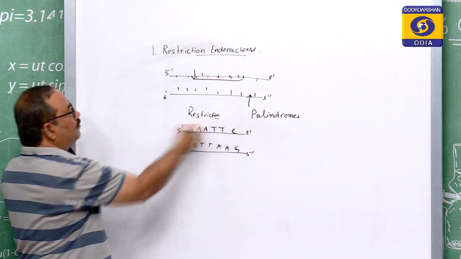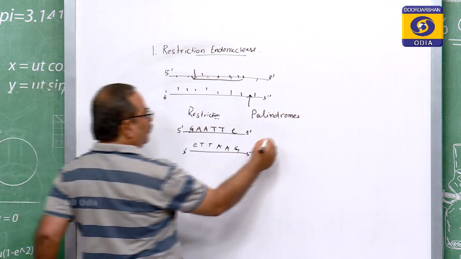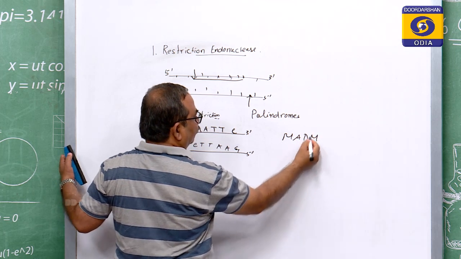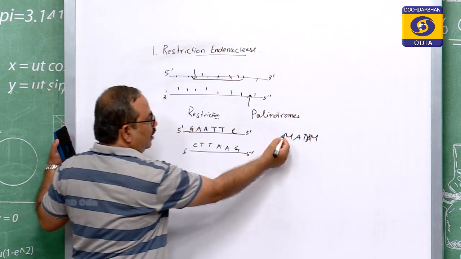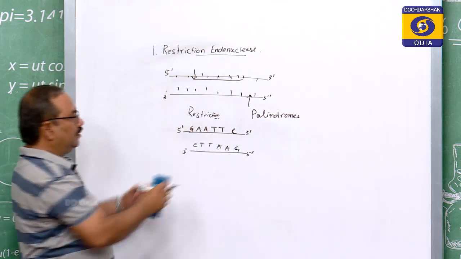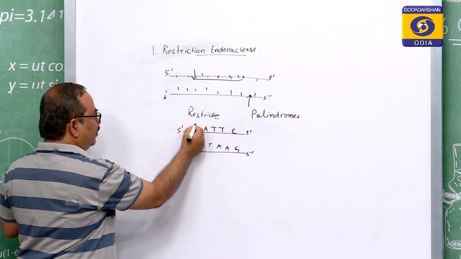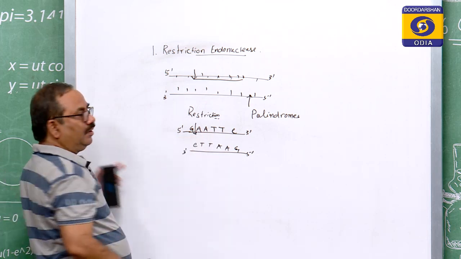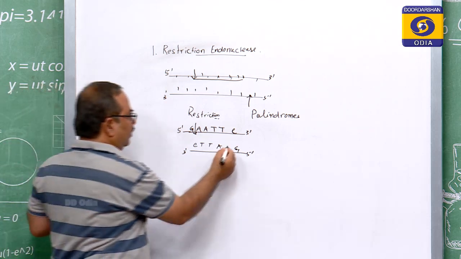So, we can see this reads the same from both the sides. Like suppose we take the word madam, MADAM, we read the same from both the sides. Similarly, these are the palindromes, and when this restriction endonuclease is applied, we shall see it will be cutting at specific sites on both the strands.